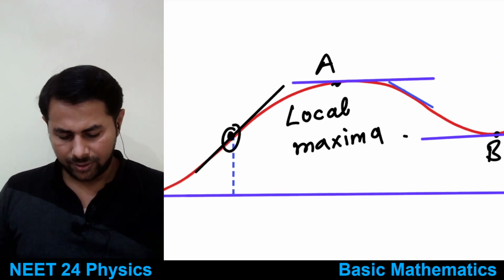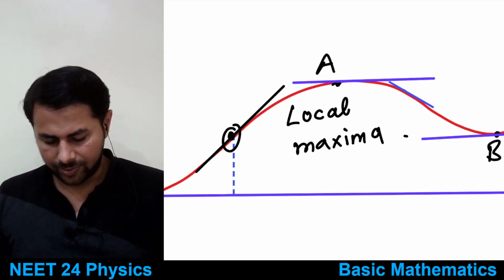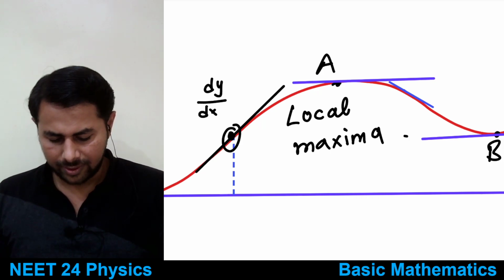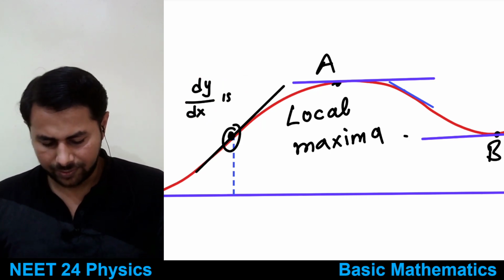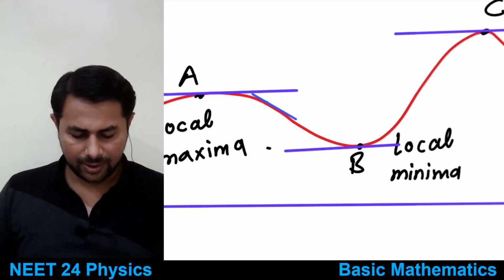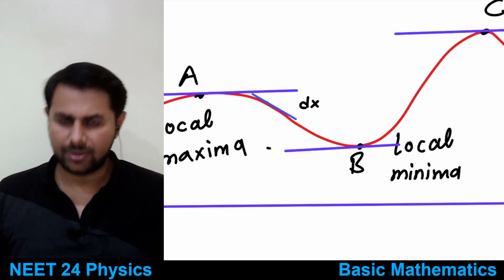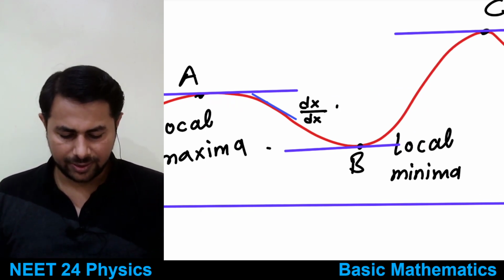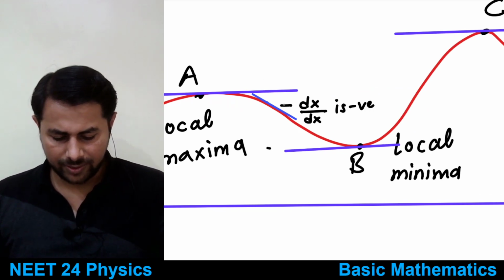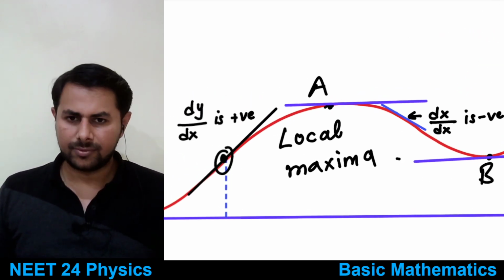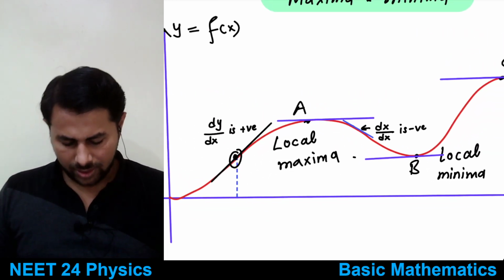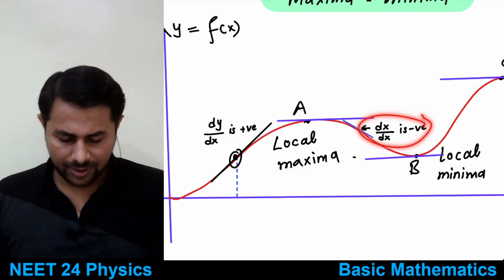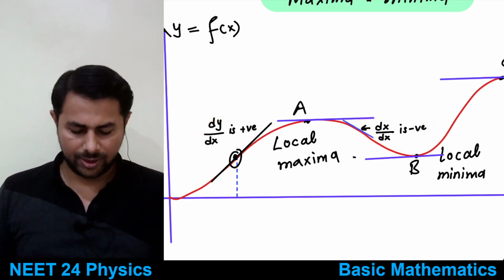So here I can say, if I find the slope, dy by dx, the derivative, is positive before the maxima. And after the maxima, dy by dx is negative. Right, this is clear, everyone? So dy by dx here is negative, dy by dx is positive here.